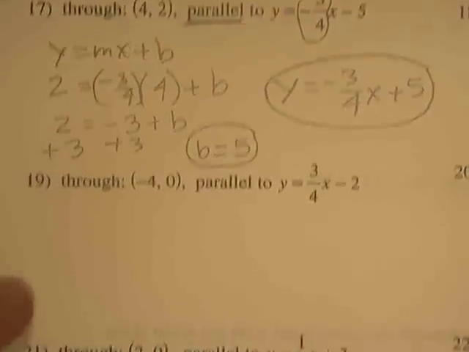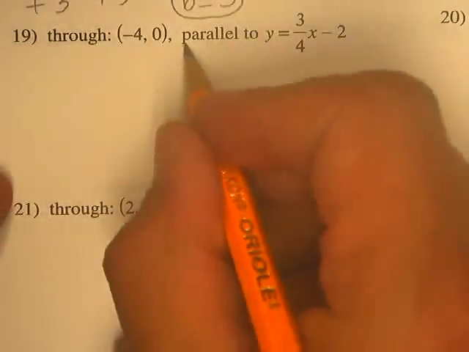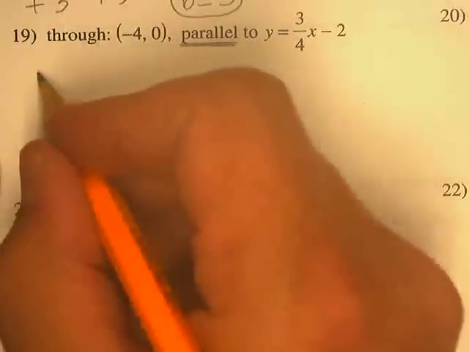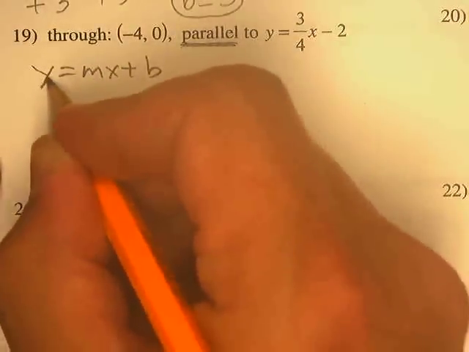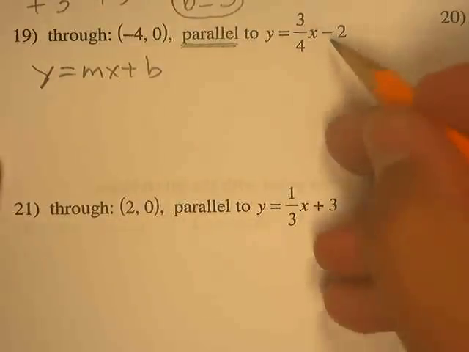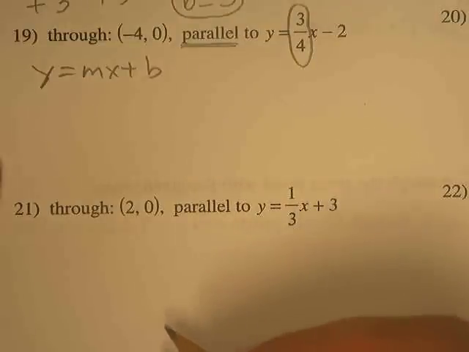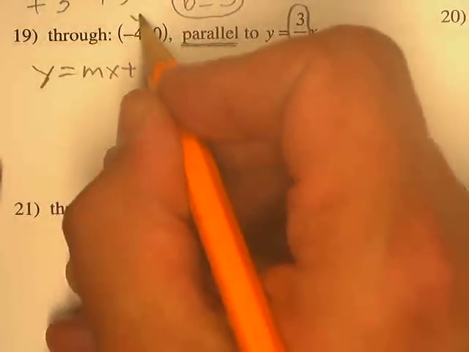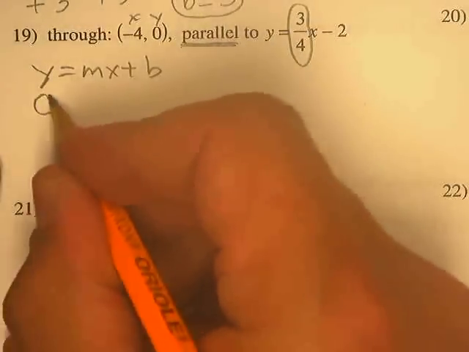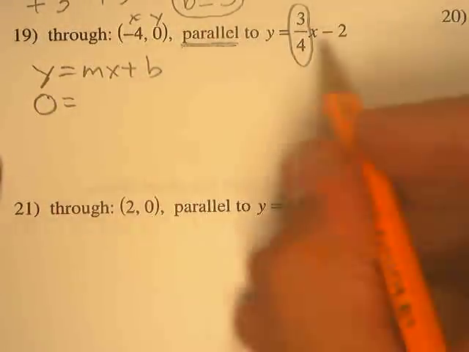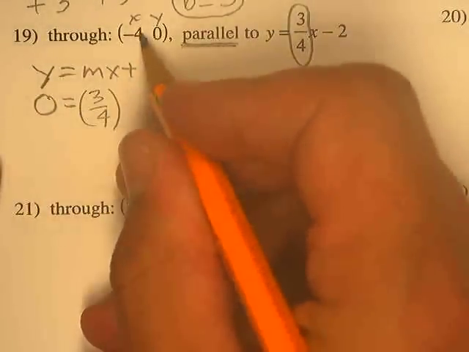Okay, let's try another one. Now let's try this one, the one that you probably started writing down earlier. Sorry about that. So we have the equation y equals mx plus b. That's our slope-intercept form of an equation. Want it parallel to, so that means the slope is going to be 3/4, whatever is in front of the x. This is our x and this is our y, right? So we plug in 0 for y. Slope is 3/4.